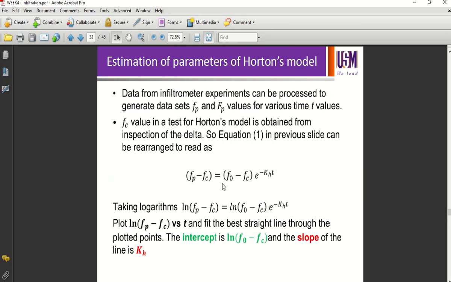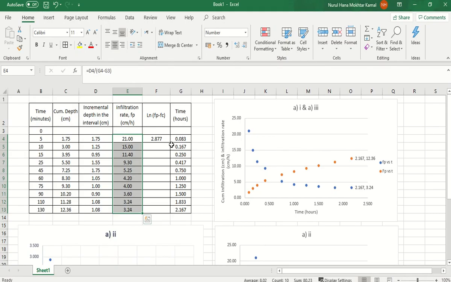Because you want to get this slope and this intercept, so that you can solve for f0. And this KH, that's why there's another column here.